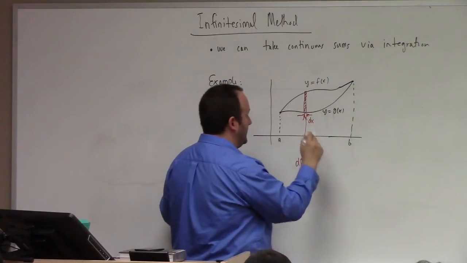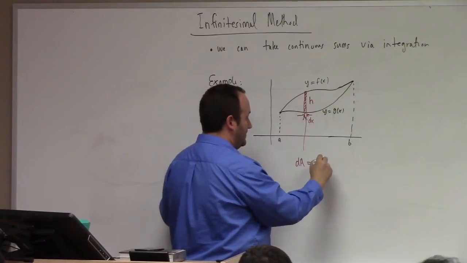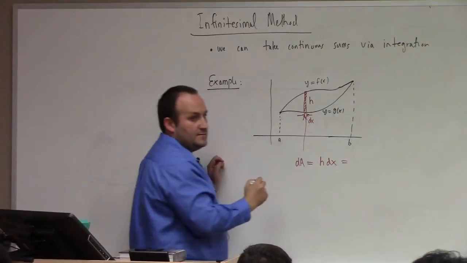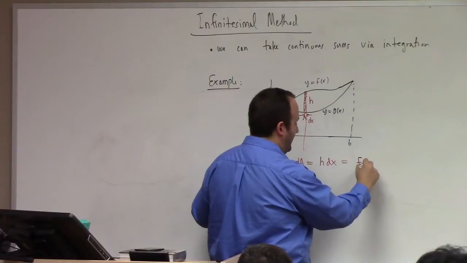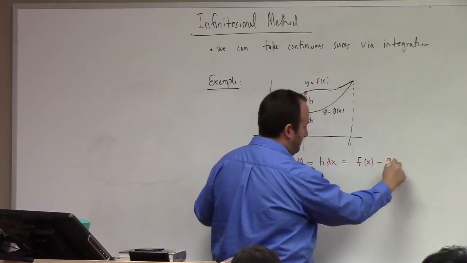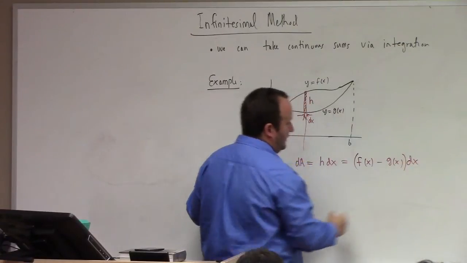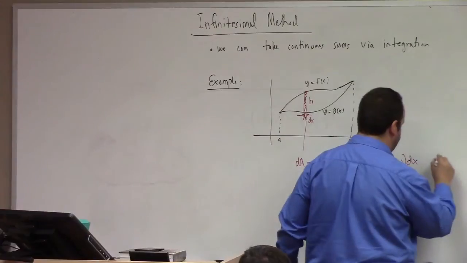So dA is going to be h dx, but what's h? h is f of x minus g of x, in my current setup. And you can do that for each x from a to b, right?